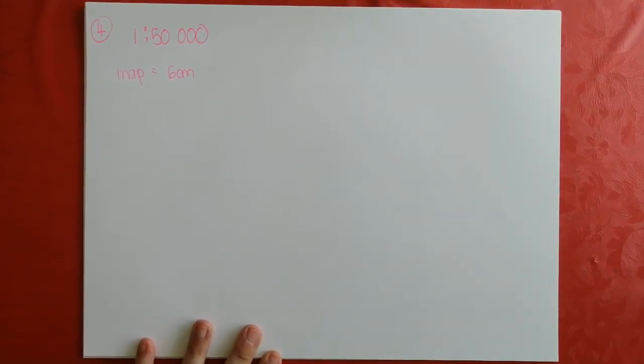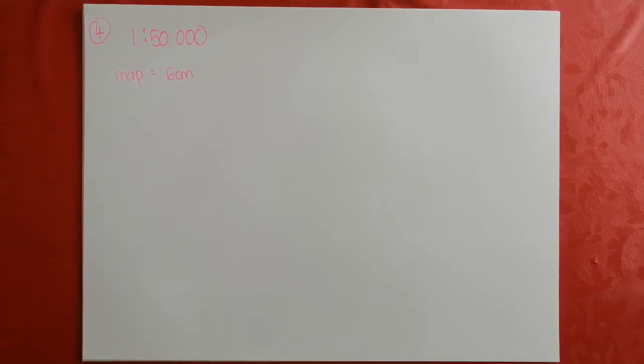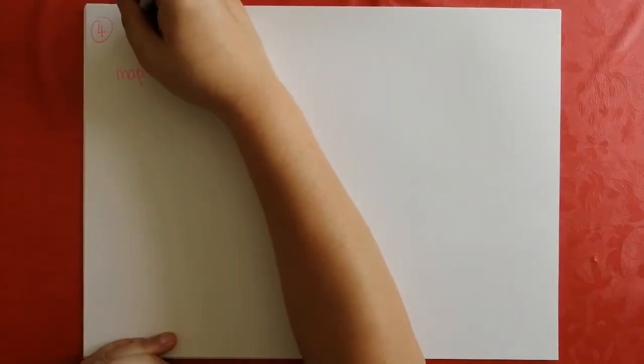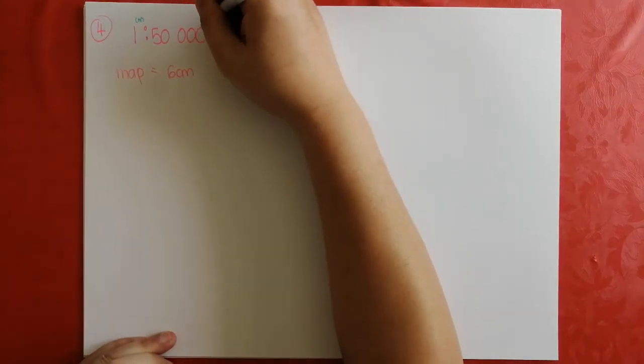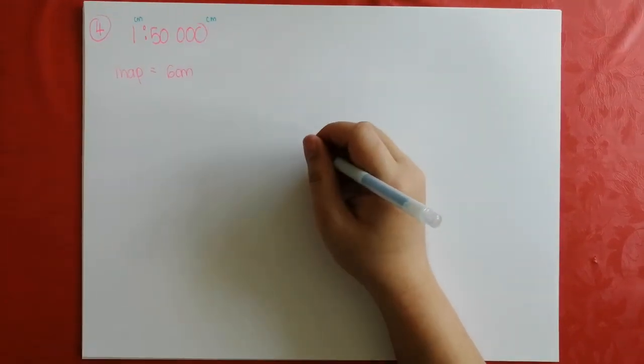What you're going to do is find the actual, but it's in kilometer. Our scale here represents 1 cm as 50,000 centimeter.